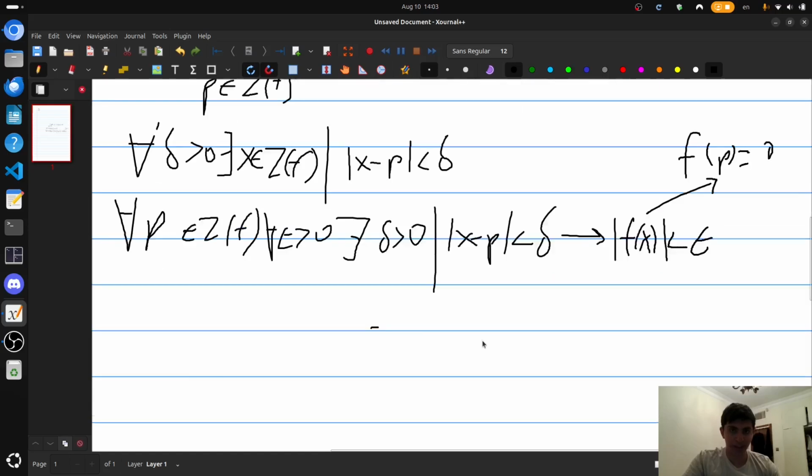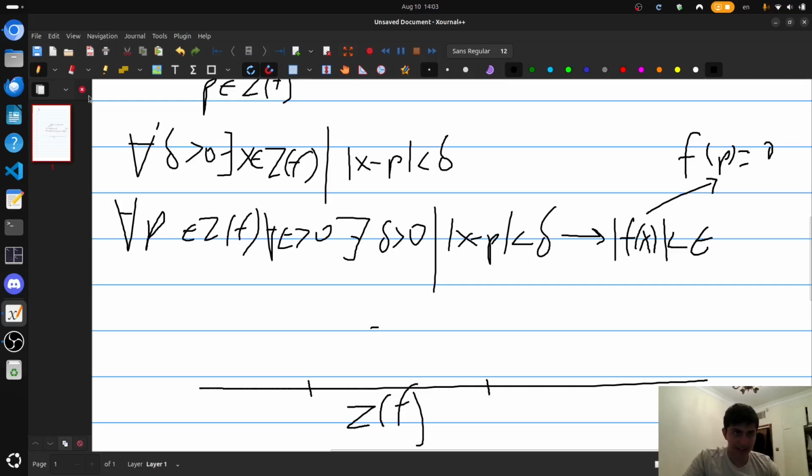So if you think about it now, let's say this is the set of z of f, and this red thing over here is the limit point of z of f. We know we can take any small neighborhoods that will contain a point x in z of f, like this.